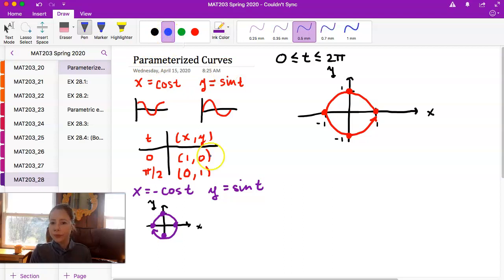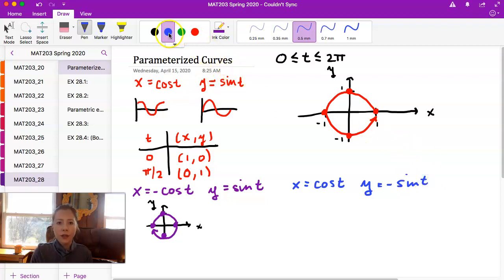Now, let's try it again. Let's do x is cosine t, and y is minus sine t.